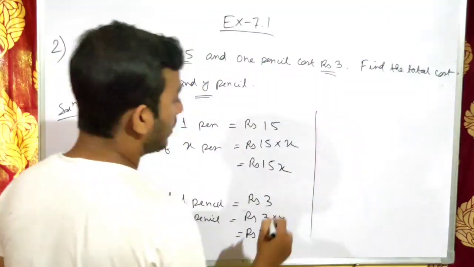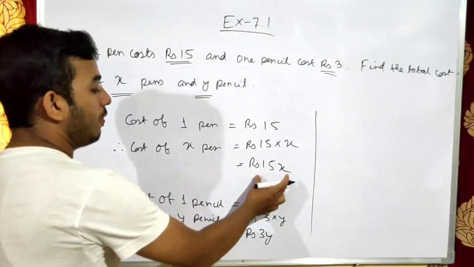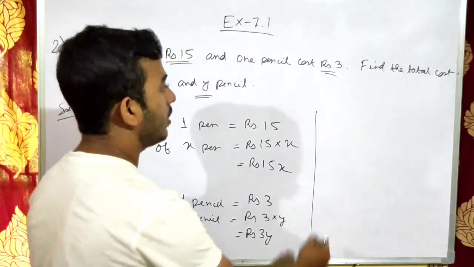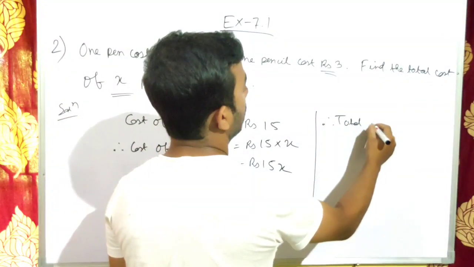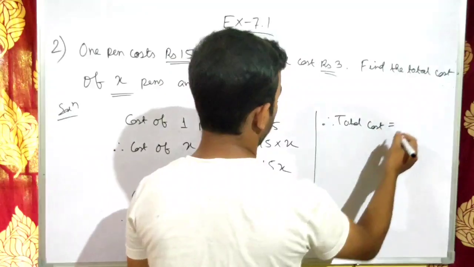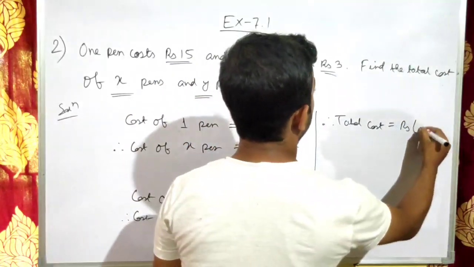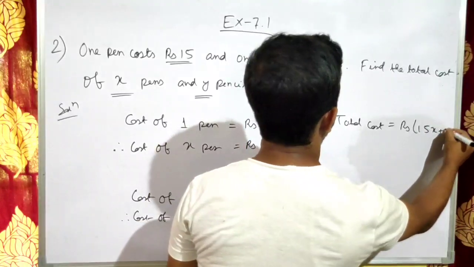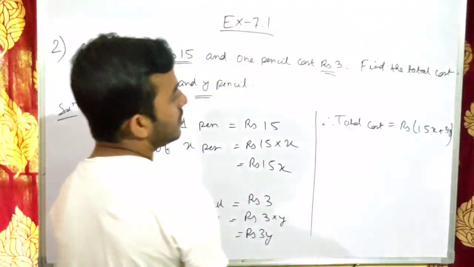Okay, now we have to find the total cost, that is we have to sum up the cost of the pens as well as the cost of the pencils. So we write, therefore, total cost equals rupees 15x plus 3y. Okay, finish.